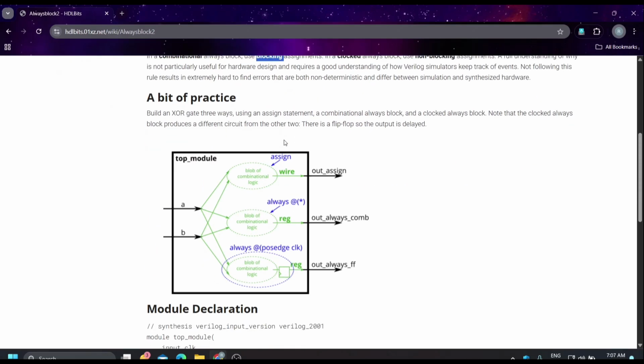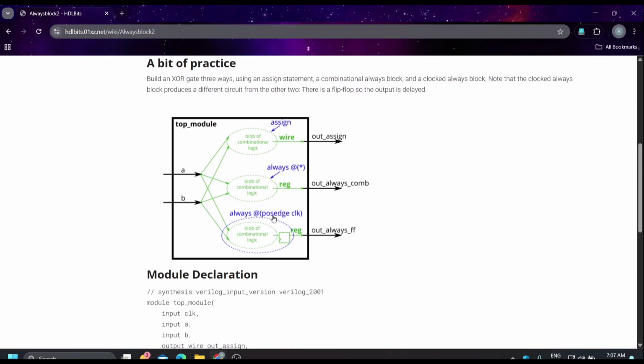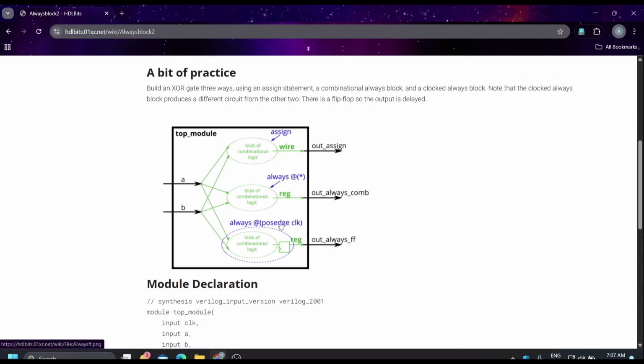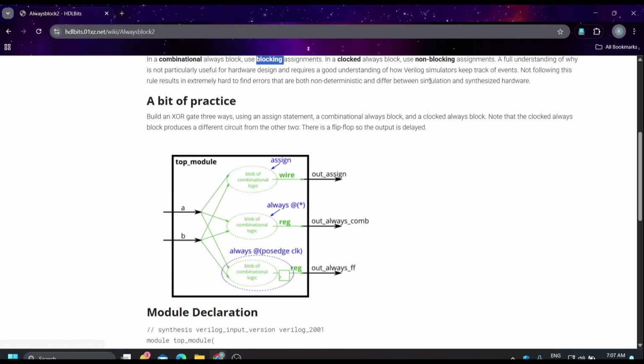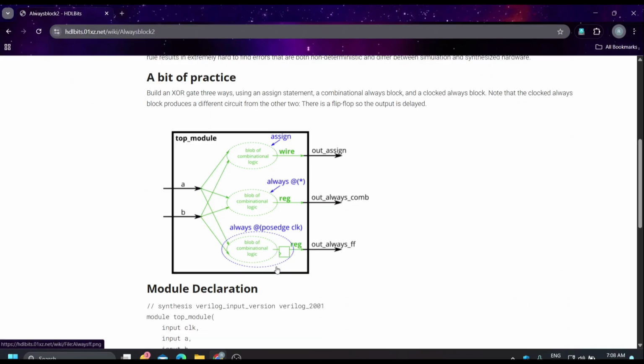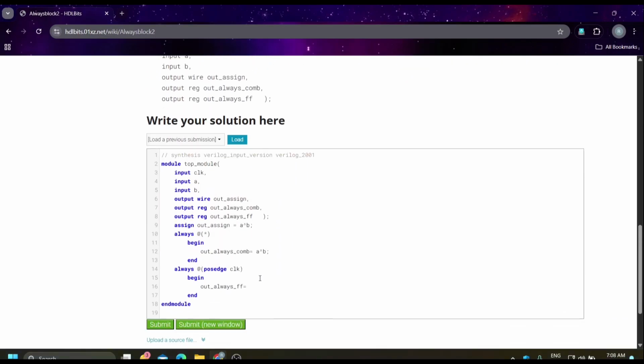If we use the blocking assignment in an always block where the clock is involved, then we might face asynchronization in that circuit. To avoid that, we need to use the non-blocking assignment in that always block where the clock is involved. So here we need to write non-blocking assignment in place of blocking.